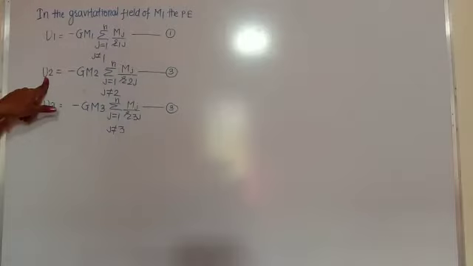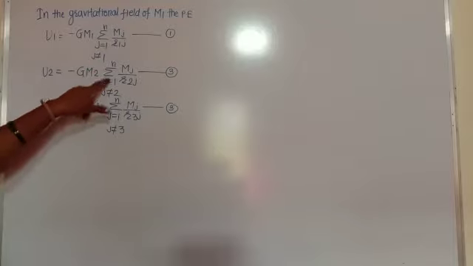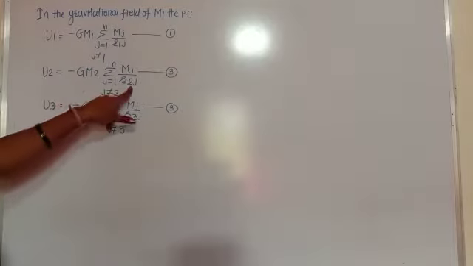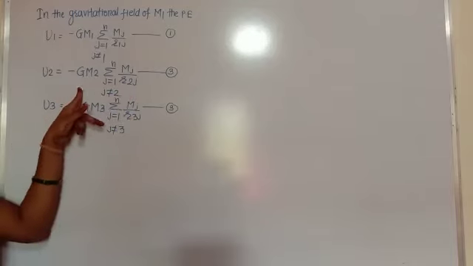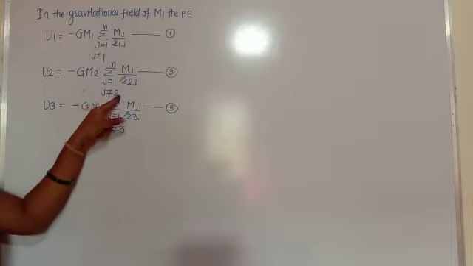In the gravitational field of m2, the potential energy of the remaining particles u2 is equal to minus G m2 summation of j equals 1 to n of mj divided by r2j, where j is not equal to 2.